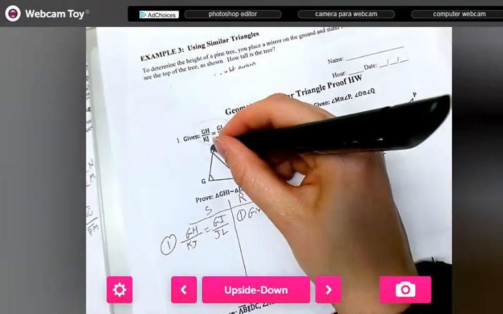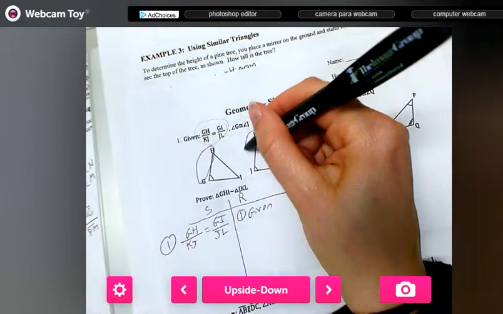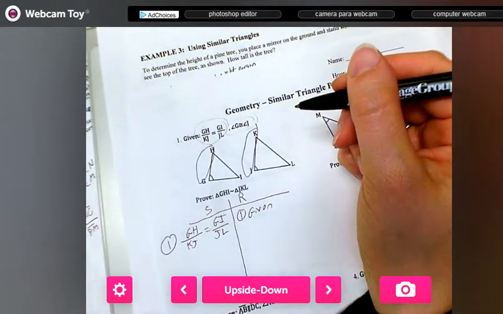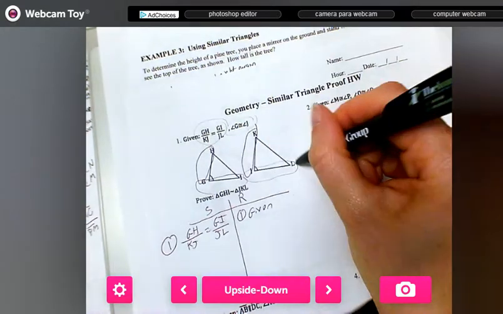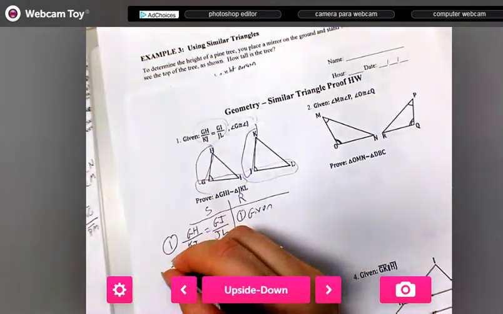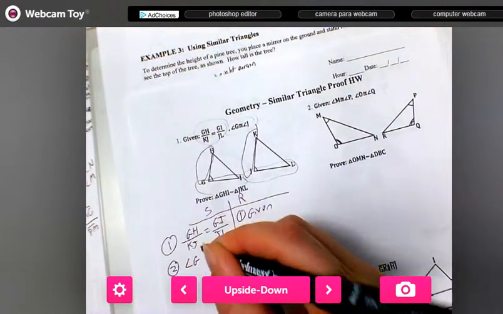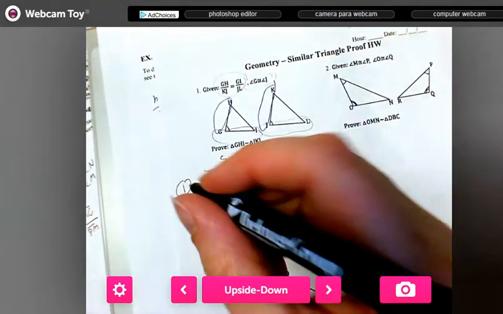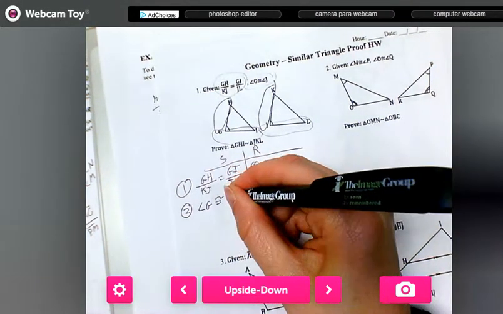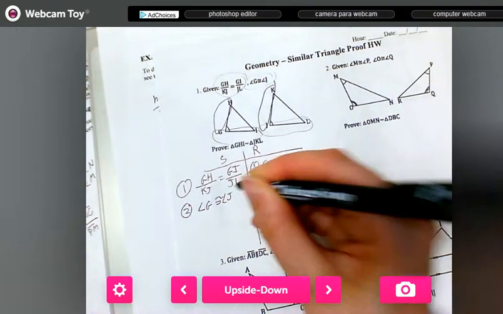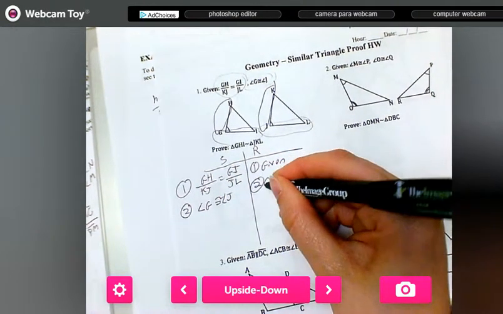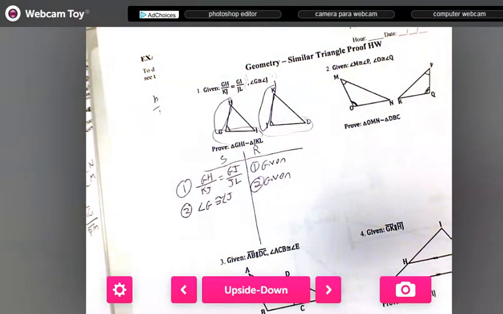That means GH and KJ are proportional to GI and JL. Okay? Step 2, I'm going to write my other given. You could have written them all in one line just like we did in the proof. Doesn't matter to me. Angle G is congruent to angle J. That's also given.